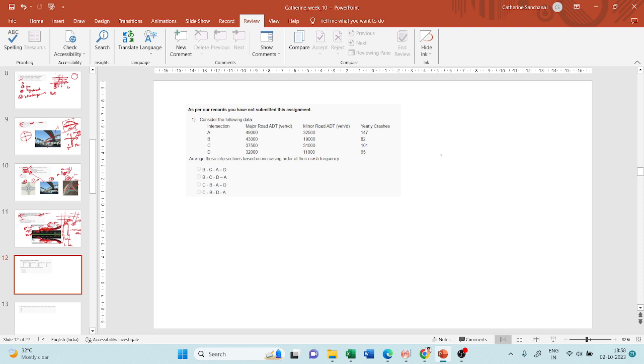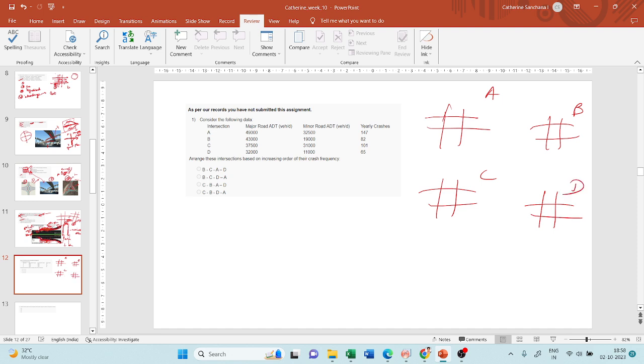You have 4 intersections. Let us take this as intersection A, B, C and D. Let us take the east-west direction as the major road, and the north-south direction as the minor road.